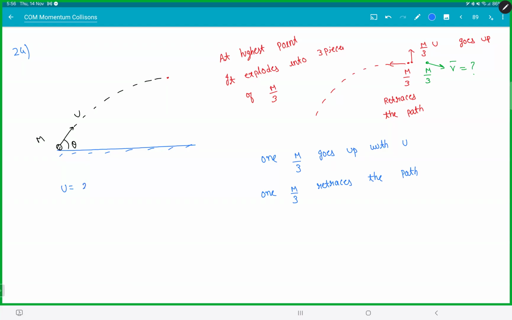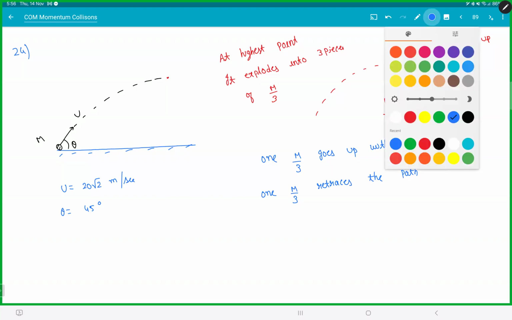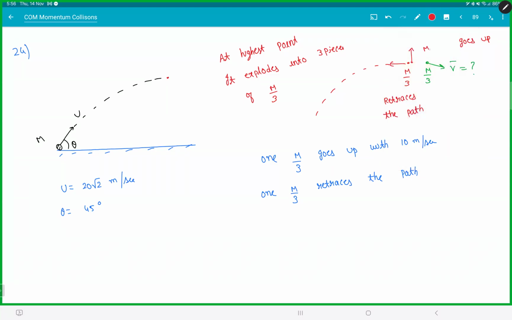Let's take the values also. Take u is 22 meters per second, theta is 45. Let's say this piece goes up with 10 meters per second, let's keep it simple.